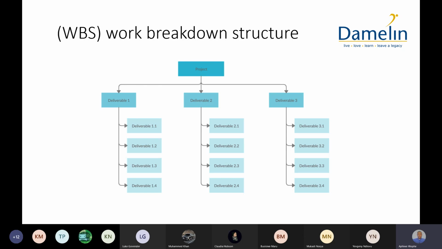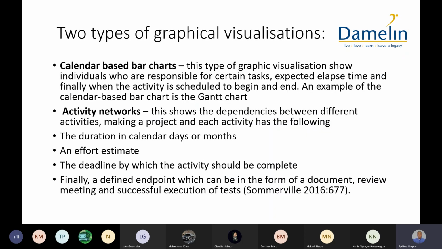So this is one of the tools that we use for breaking down projects into smaller deliverables. You can see we have deliverable 1, deliverable 2, deliverable 3, and under each deliverable there are sub-activities that we need to do in order to achieve it, okay? This is the WBS, the Work Breakdown Structure tool. There are other tools out there, which are calendar-based tools, okay?